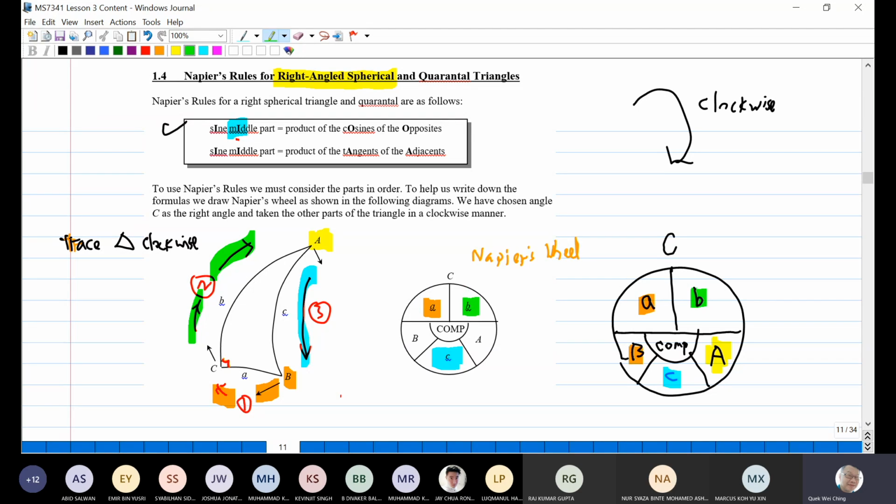They are called opposite. You can pick anywhere to be a middle part. So this is the middle part here. So these two will be opposite. So knowing what is the middle part and what is opposite here.